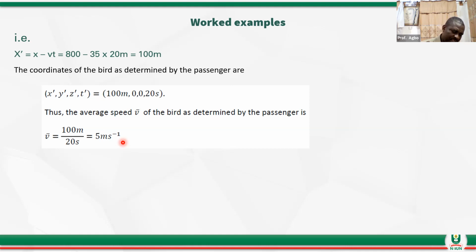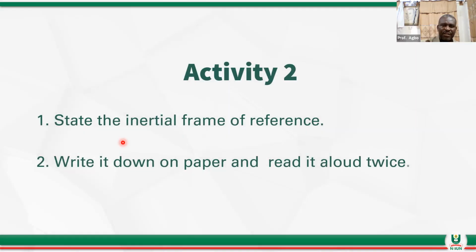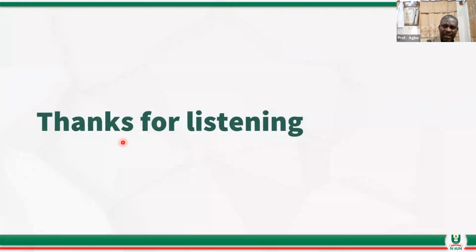And so we have determined the average speed of the bird, which is 5 meters per second. Now, this is supposed to be the activity in the other frame.